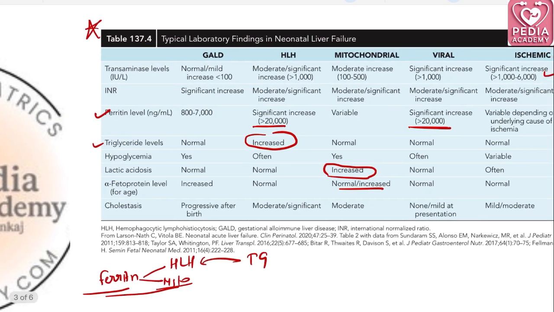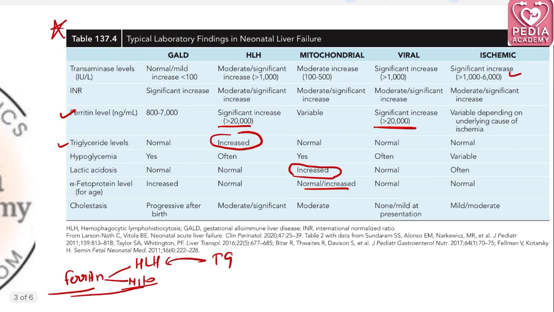Now we will discuss typical laboratory findings in neonatal liver failure. Just see the differential diagnoses of neonatal liver failure: gestational alloimmune liver disease (GALD), HLH (hemophagocytic lymphohistiocytosis), mitochondrial, viral, ischemic. Just see where I am highlighting, we will focus on ferritin level.